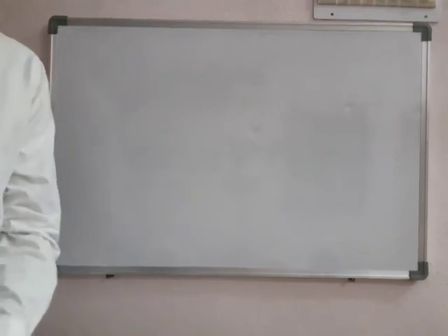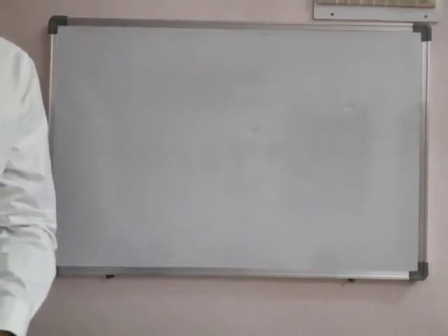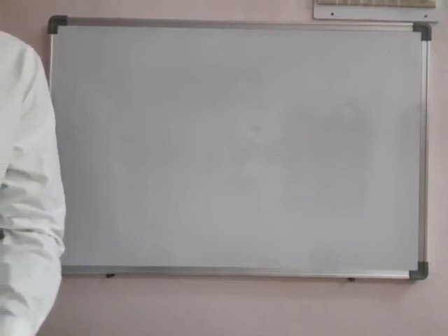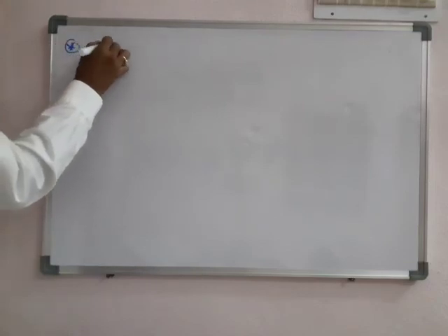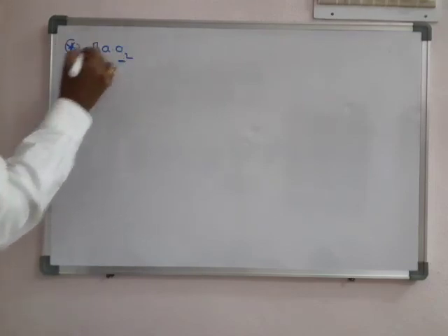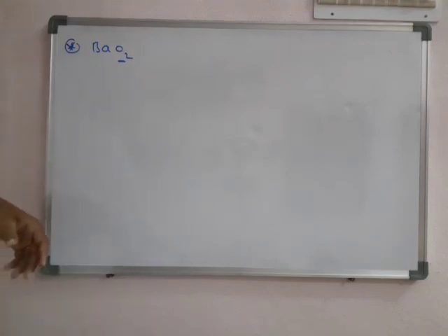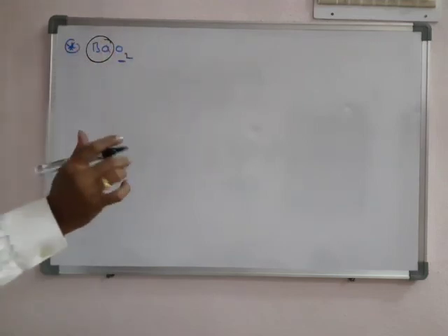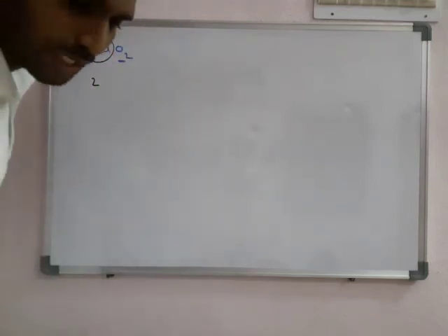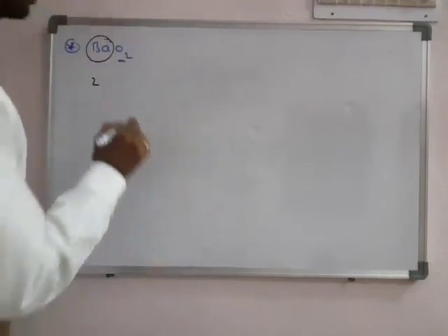See some more examples. BaO2. What is the oxidation number of oxygen? It is barium peroxide. Barium is fixed; as it belongs to the second A group, it is a fixed +2.